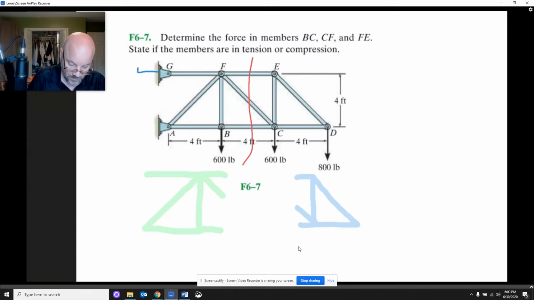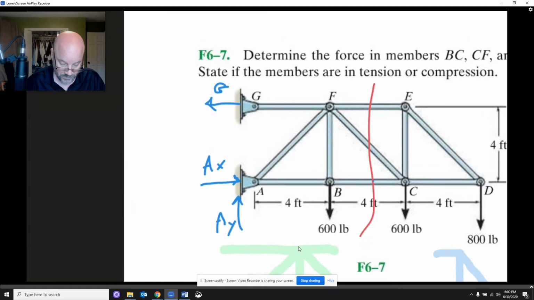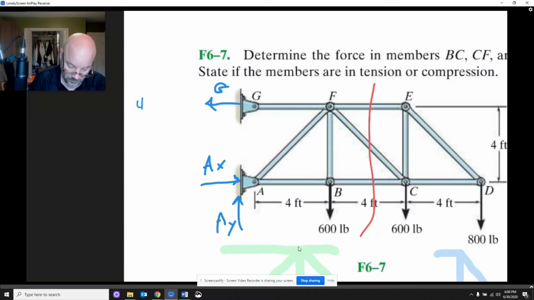So G is going to be here like this, and AX is going to be up here, and AY will be here. Let me just write down what those are going to be. G is going to be 4,200. I got that by putting a pivot at A and knowing that my 600, 600, and 800 were all pulling the thing down.